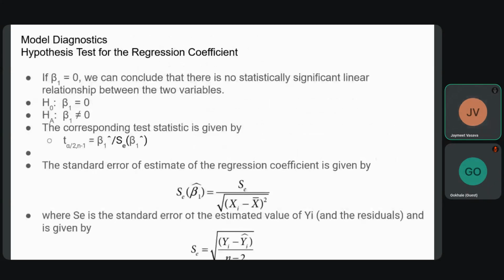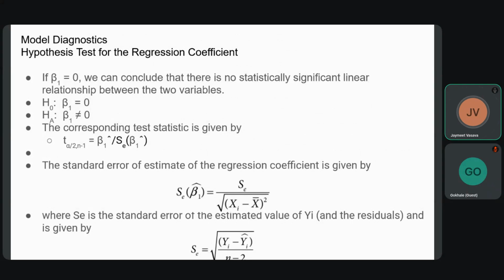So, the hypothesis testing for the regression coefficient. If we take beta 1 equals 0, we can conclude that there is no statistically significant linear relationship between the two variables. Hypothesis testing, as you remember, involves a null hypothesis and an alternate hypothesis.